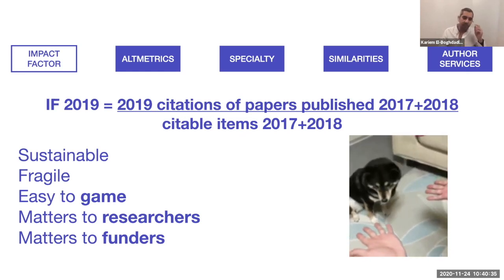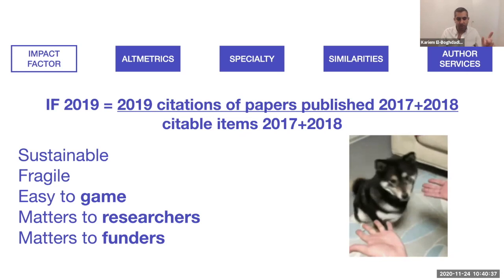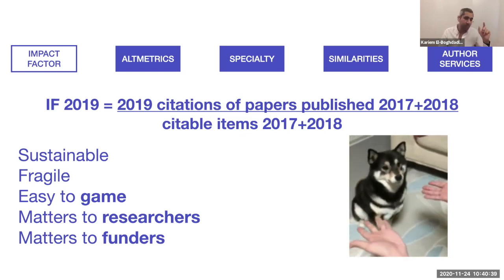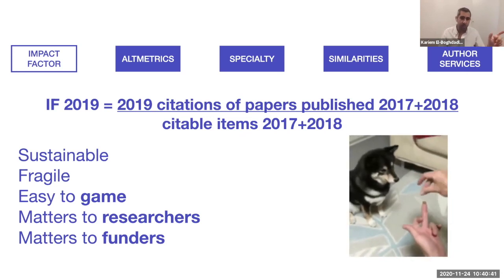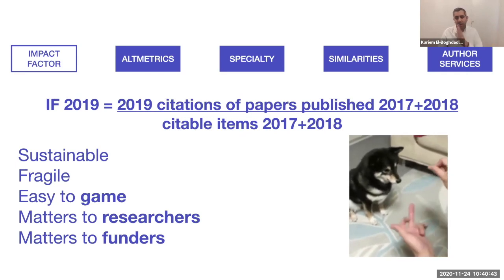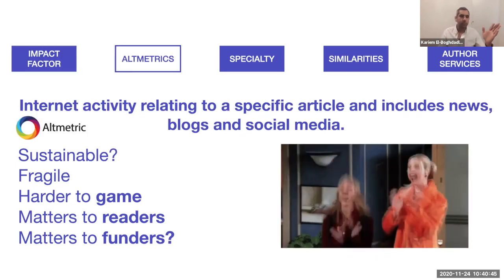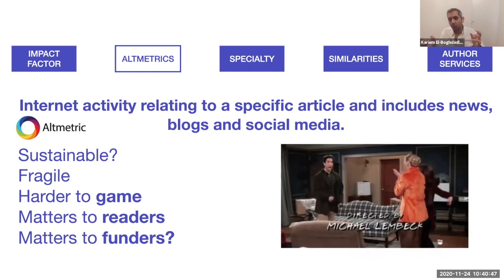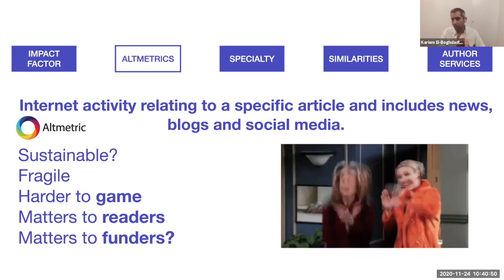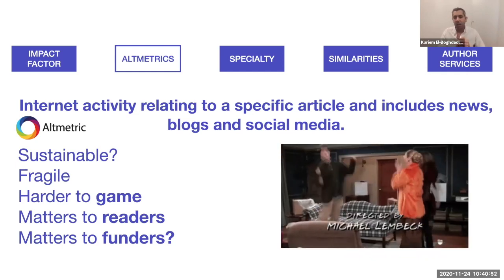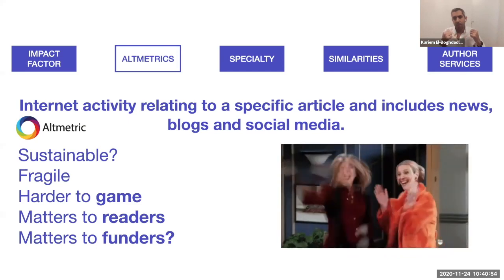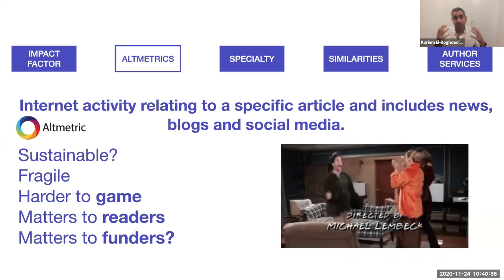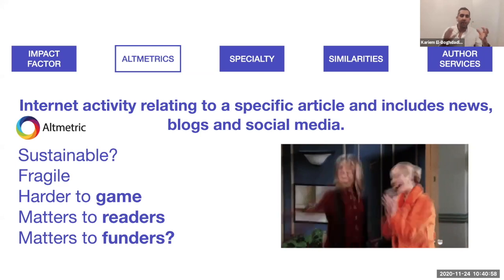So impact factor matters to researchers and funders. It matters to the journals and institutions, etc. But it might not matter to the end user necessarily. Another way of choosing what journal you want to publish your work in is how the journal supports and raises something like Altmetrics scores.